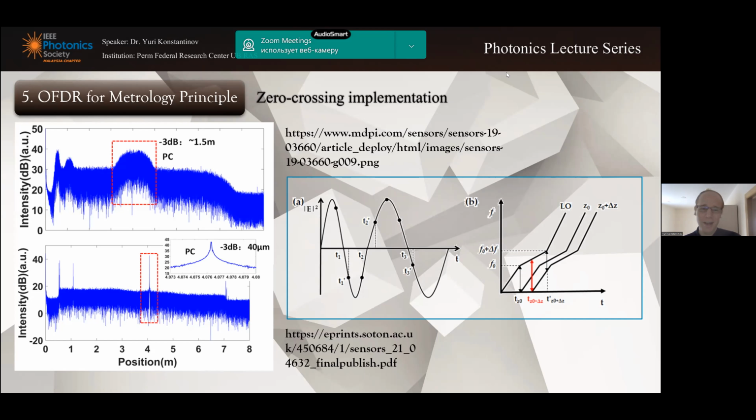So after that, we can see that the -3 decibels PC connection, instead of 1.5 meters, has a length of about 40 microns. Amazing, really amazing.